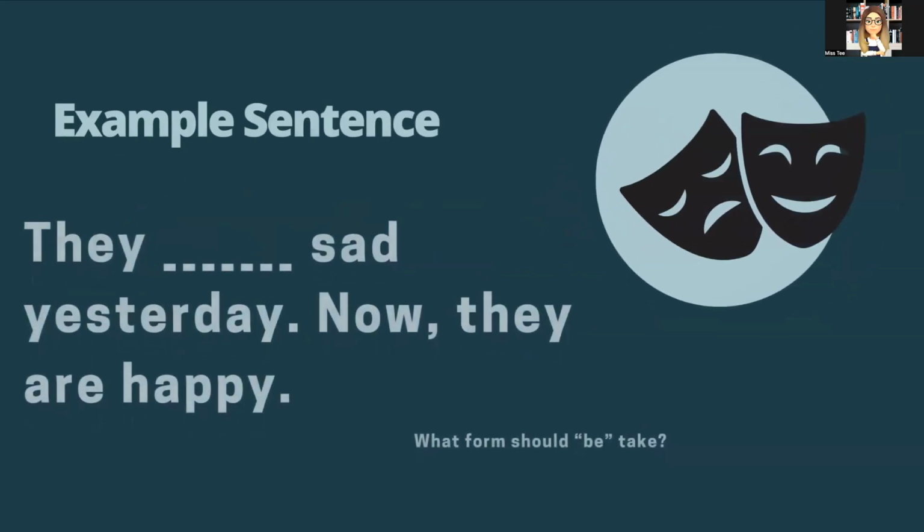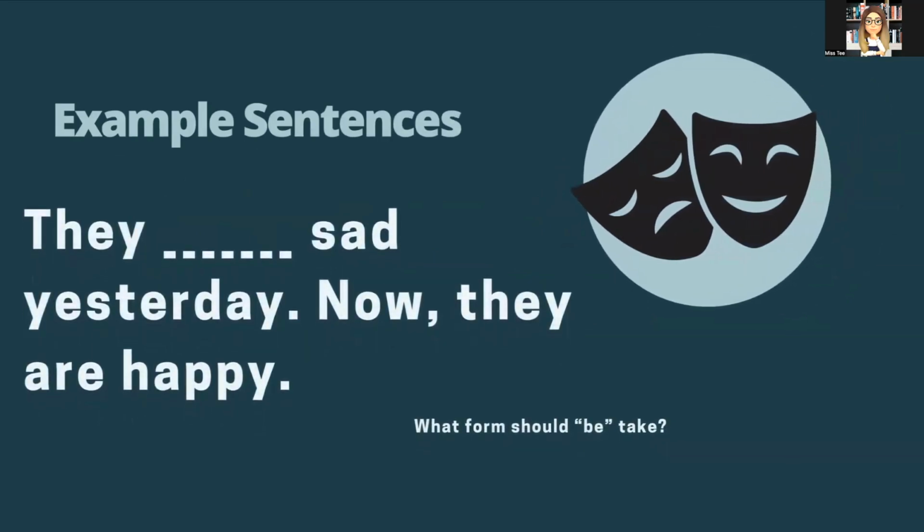Last one. They something sad yesterday. Now they are happy. So what form of be should we take here? So we have they, which is plural. We have an adjective sad, but we are missing the form of be.